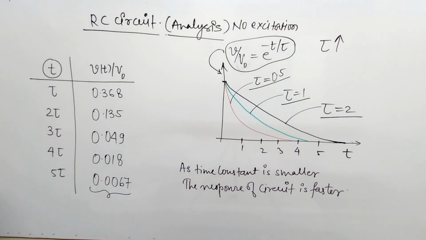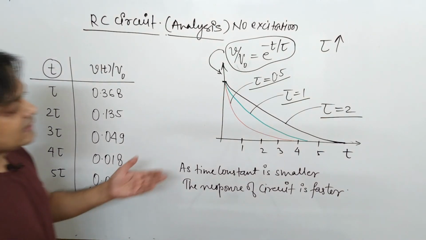So you can say that a circuit with a small time constant gives a faster response in that it reaches its steady state.